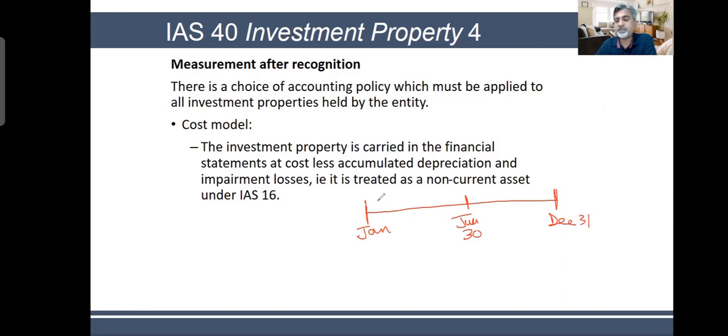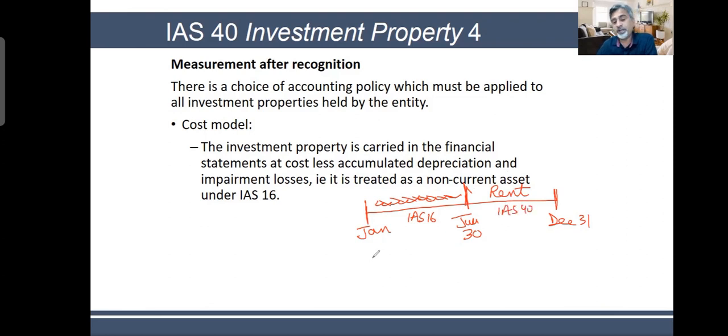So this premises, you have been using it in your own business. When you were using it, it was IAS 16. And then on 30th of June, you decided that we don't need this warehouse, or we don't need this premises. This is extra. And then what you did, you gave it on rent. You rented it out. As soon as you rent it out, it becomes IAS 40.